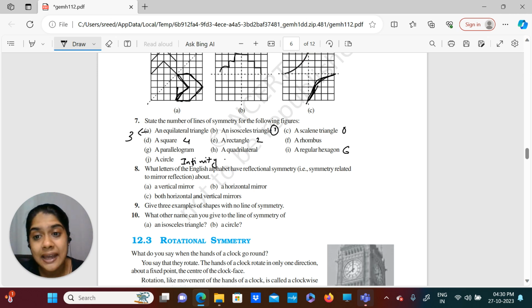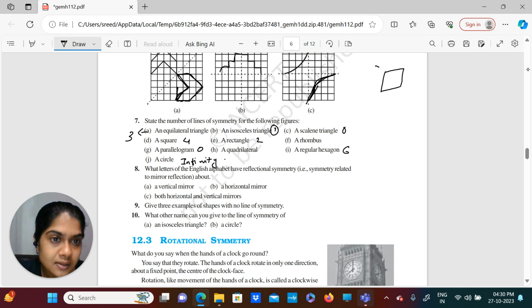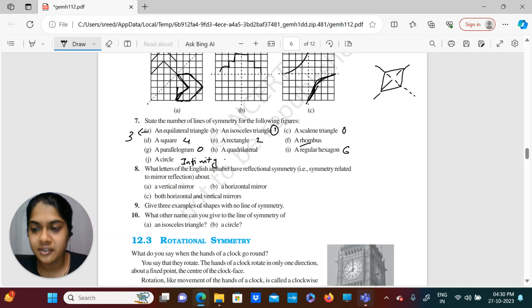Then you are confused. Parallelogram has 0 lines of symmetry. Just think. Rhombus means all the sides are equal. So it will have, I think, 2 lines of symmetry. Just try doing it.